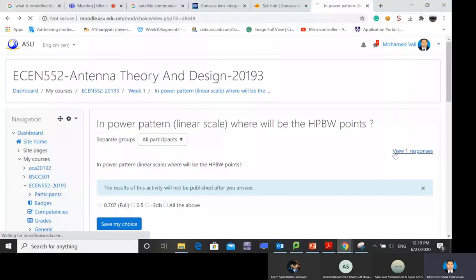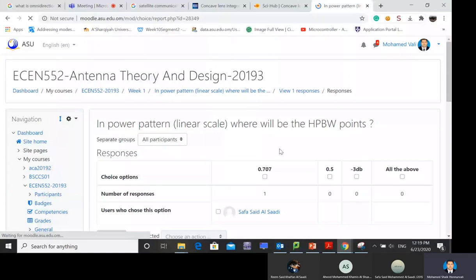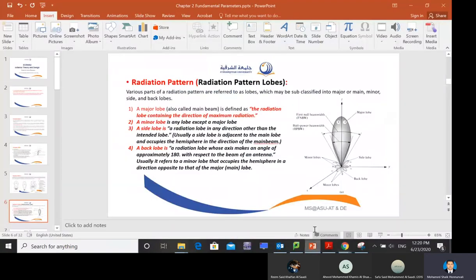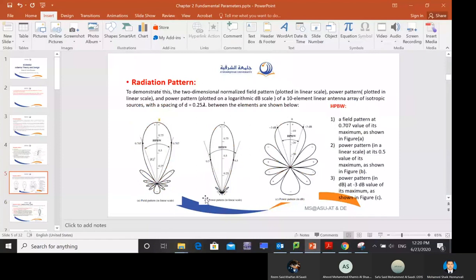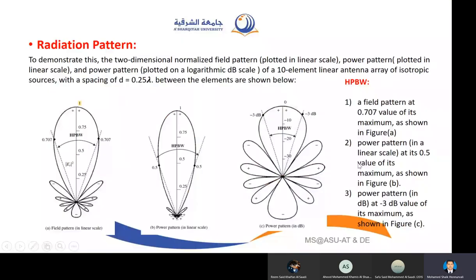One student has responded. She says that it is 0.707. Actually, this is wrong because we clearly discussed it here. If it is a power pattern in linear scale, the half power beamwidth will be at 0.5, not 0.707.